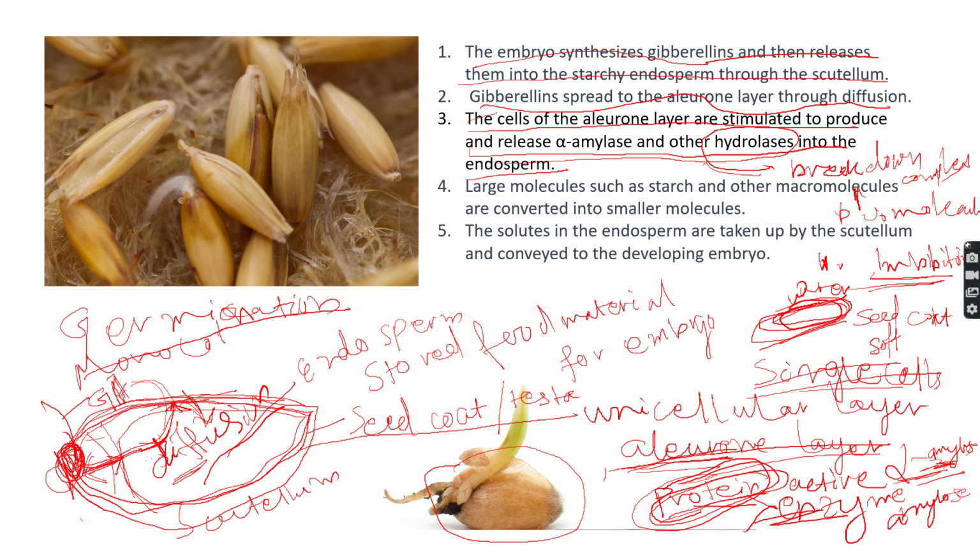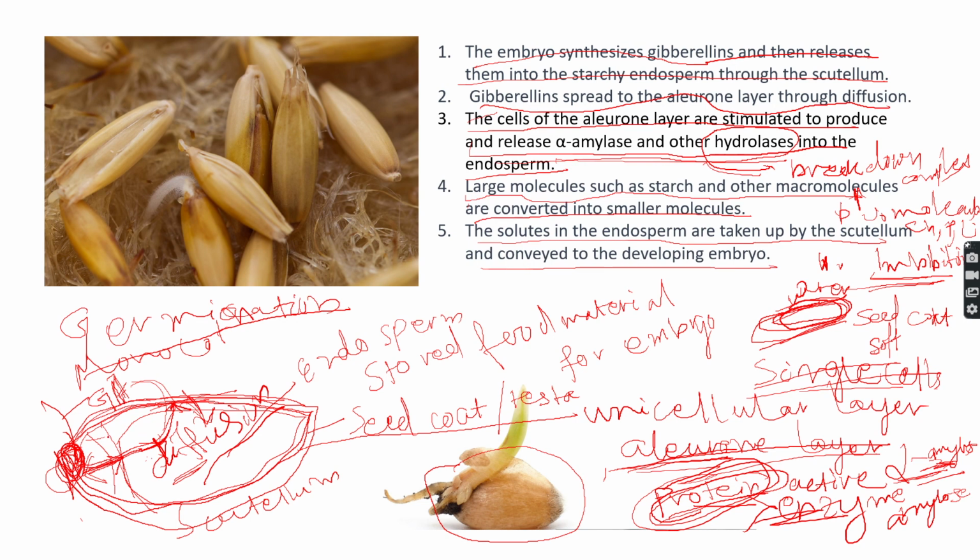Biomolecules meaning carbohydrate, protein, lipid, everything, nucleic acid even. Next point is large molecules. As I told, large molecules such as starch and other macromolecules are converted into smaller molecules because of these breaking down enzymes. The solutes in the endosperm are taken up by the scutellum and conveyed to the developing embryo.